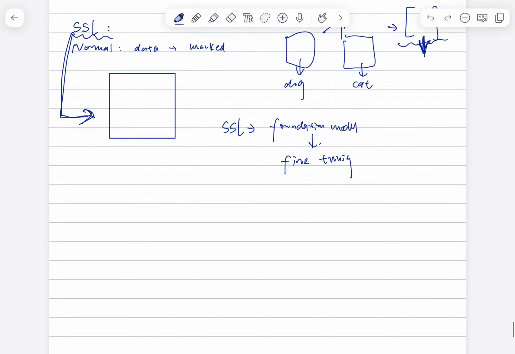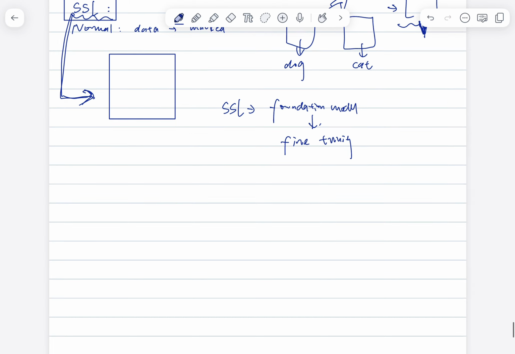There are pros and cons, and a lot of the AI we see today is based on self-supervised learning. For example, I believe Sora and GPT are all based on self-supervised learning.